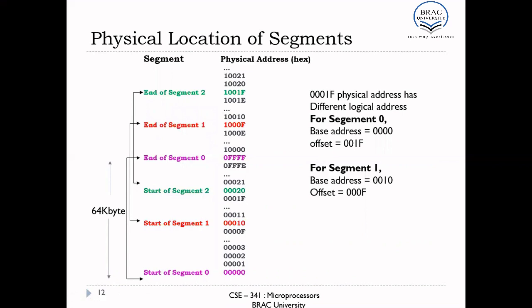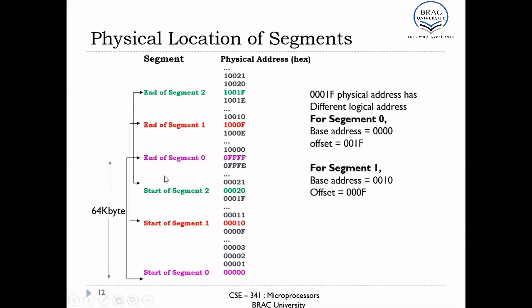And there is another one, that is the non-overlapped segment. A segment starts at a particular address and its maximum size is 64 kilobytes, right? But if another segment starts before or after the 64 kilobyte range of the first segment, then the two segments are said to be non-overlapped segments. Just assume a scenario: in this figure, segment 0 starts at 00000 and ends at 0FFFF.